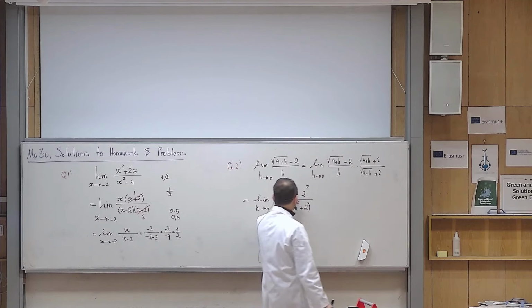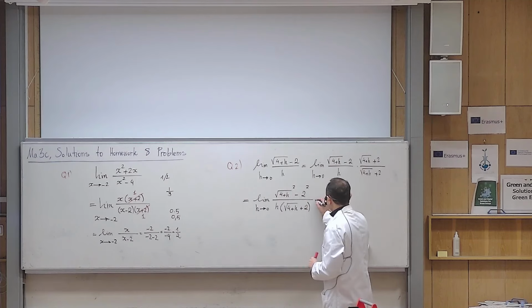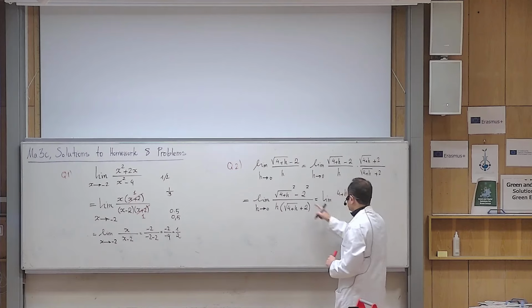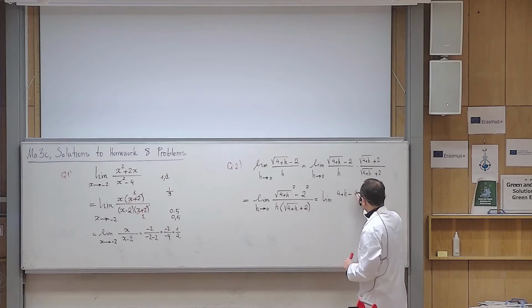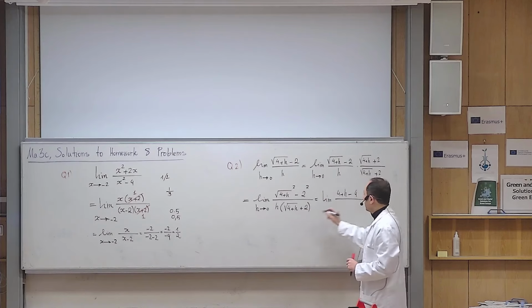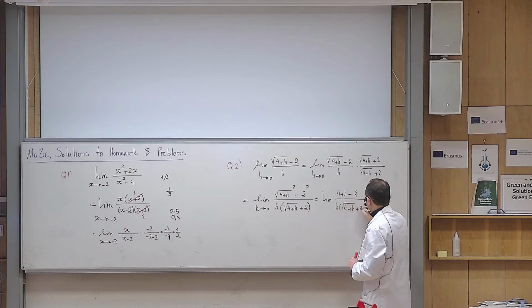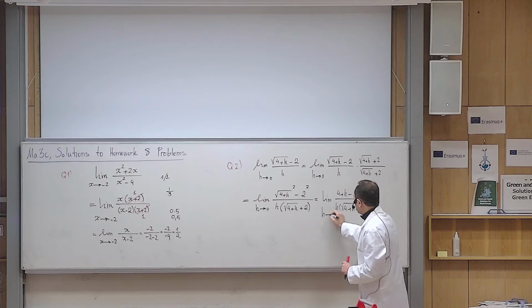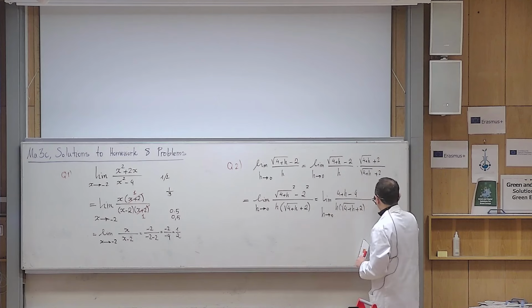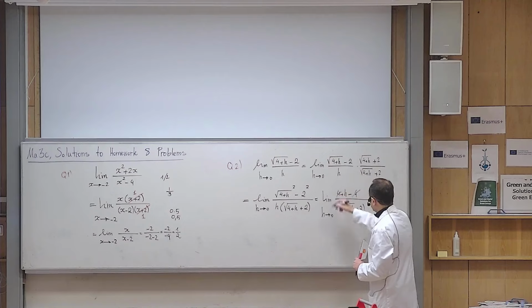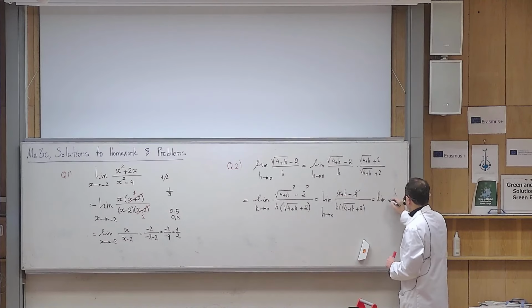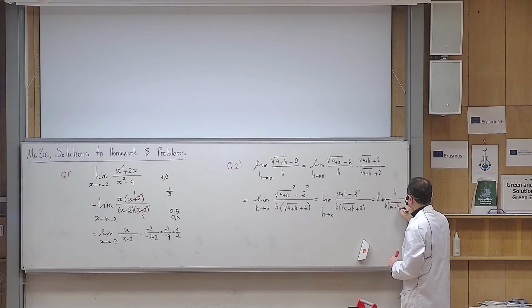The square root and this power of 2 cancel one another, so it becomes 4 plus h minus 2 to the power of 2, which is 4. And then I copy and paste the denominator. Let me not be lazy for the exam so that we can continue. I will write: 4 and 4 are canceled, and I am left with h over h times the square root of 4 plus h plus 2.